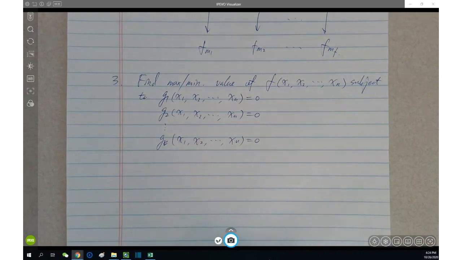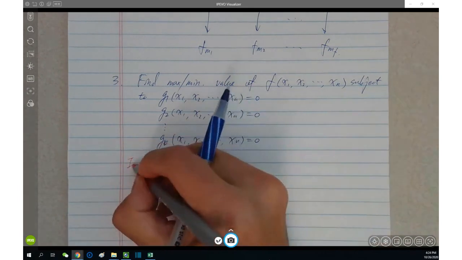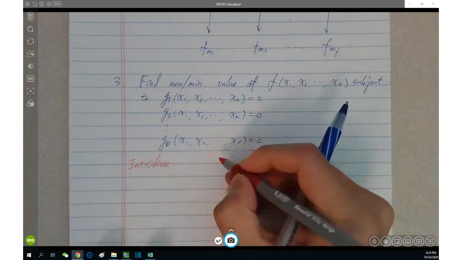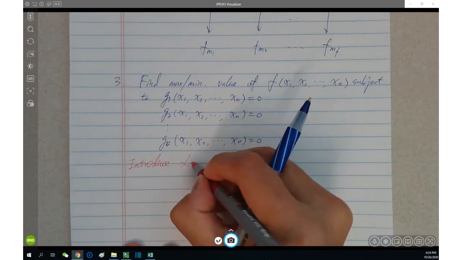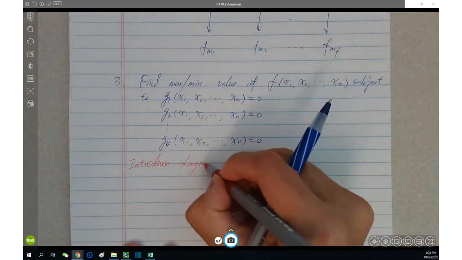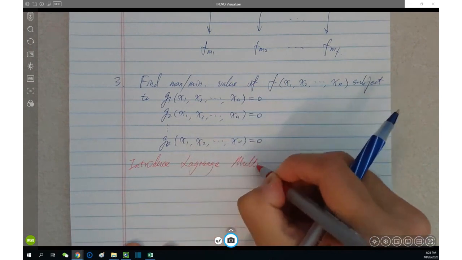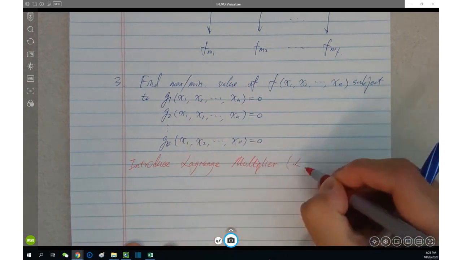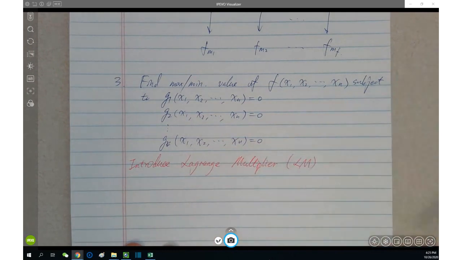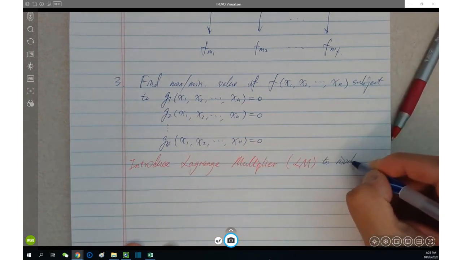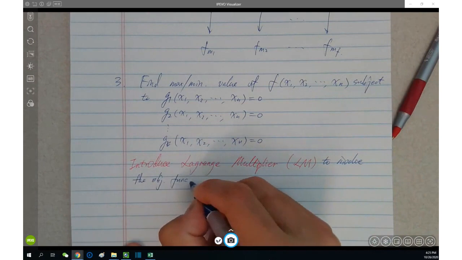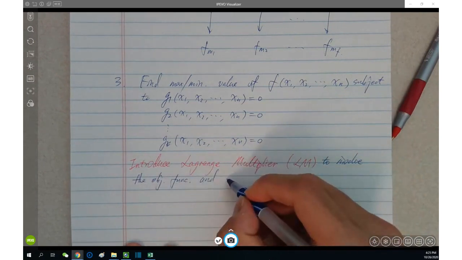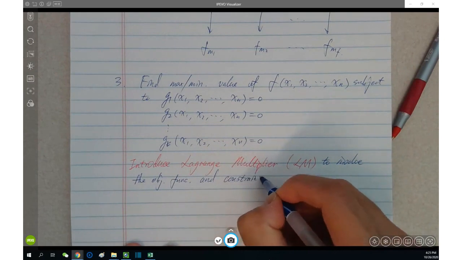So how to do this is we need to introduce a so-called Lagrange multiplier, or LM, to involve the objective function and constraint functions.